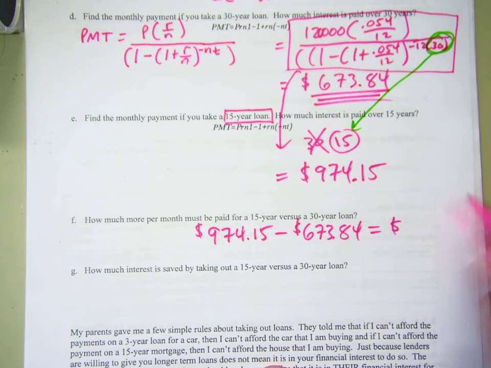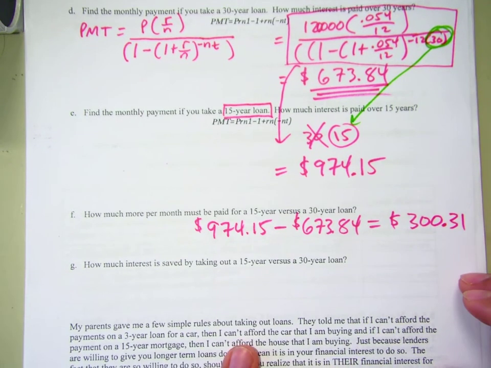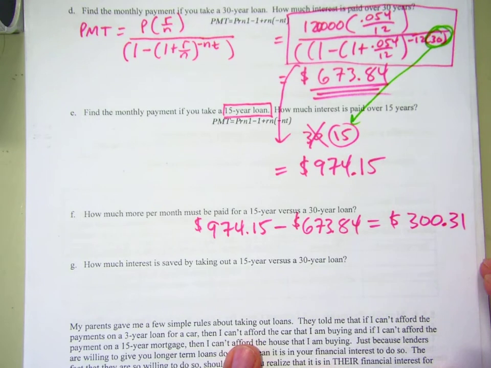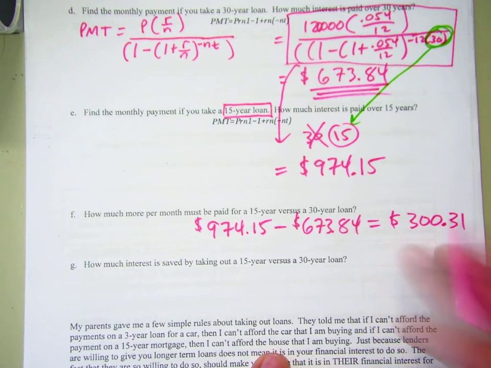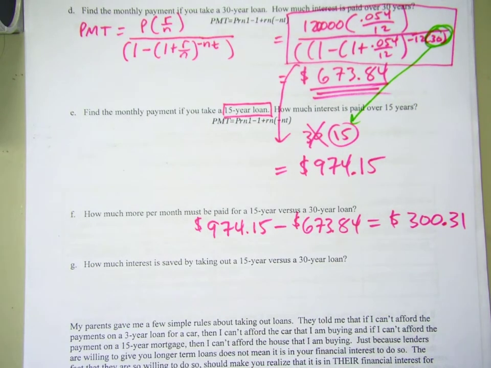About 300. 331. Okay, so you are saving $300 a month if you go with the longer loan. But remember, you're also paying it for twice as long, right? So let's see what that looks like.